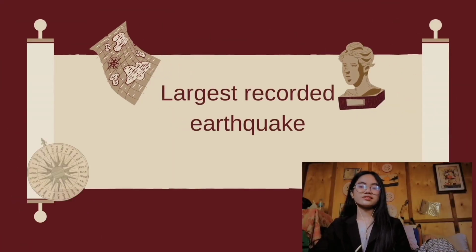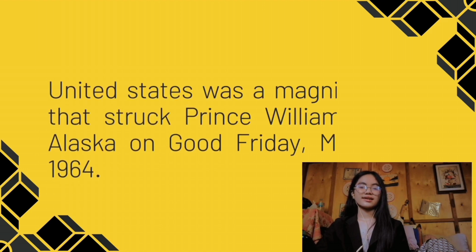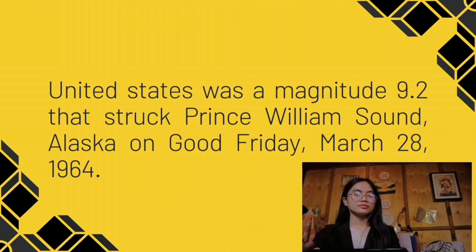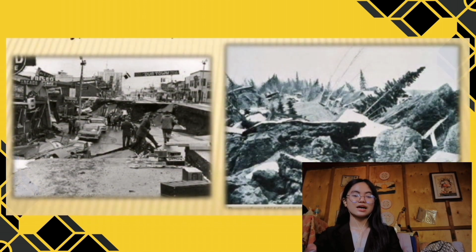One of the largest recorded earthquakes in the United States had a magnitude of 9.2 and struck Prince William Sound on Good Friday, March 28, 1964. This Alaskan earthquake uplifted the seafloor of Cape Clear in Prince William Sound.